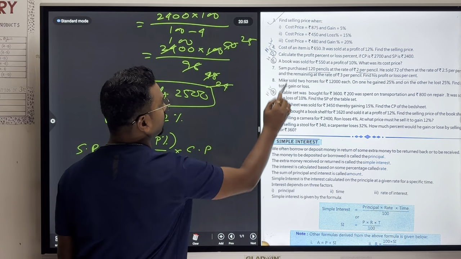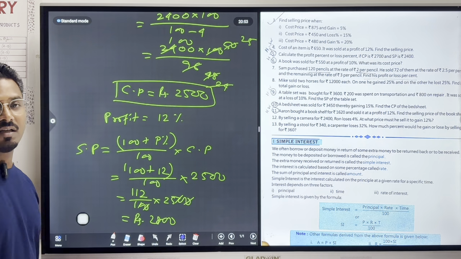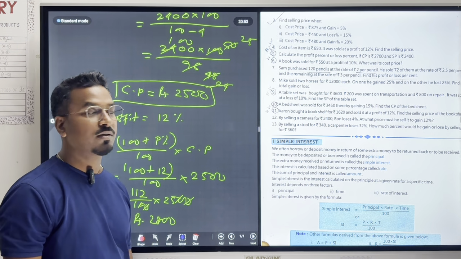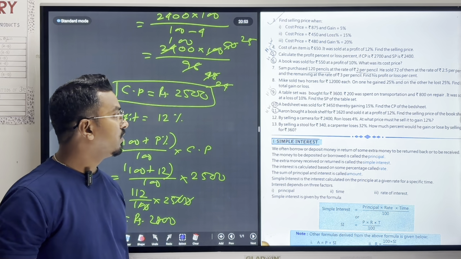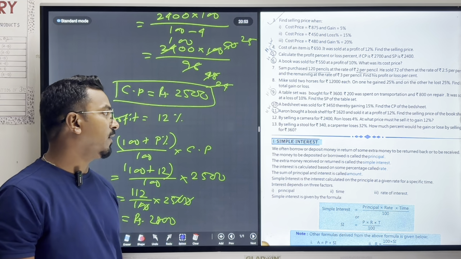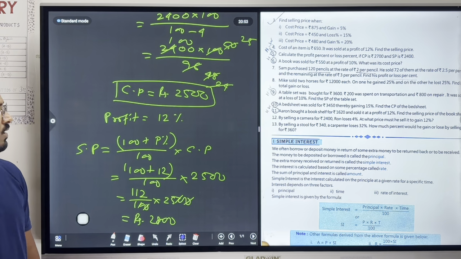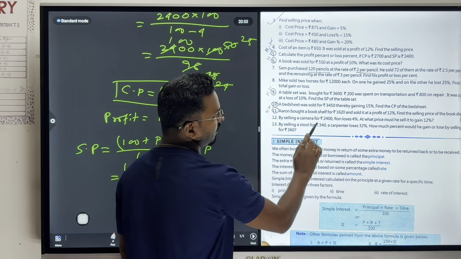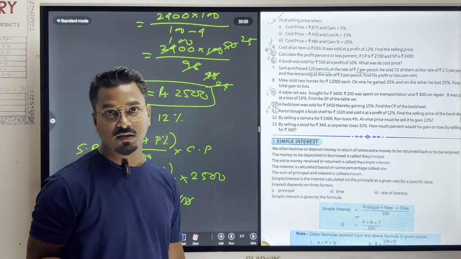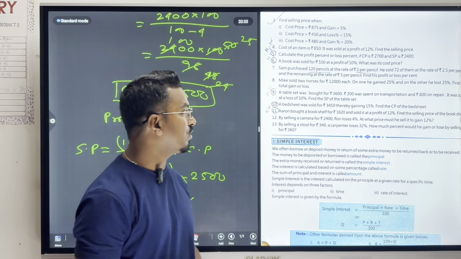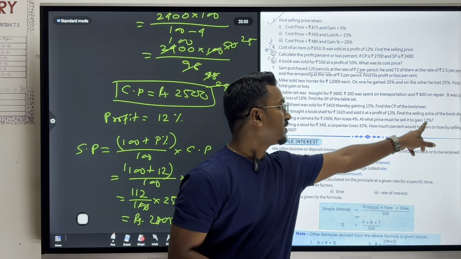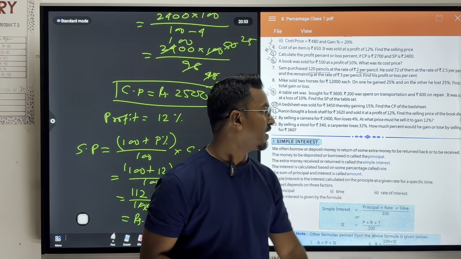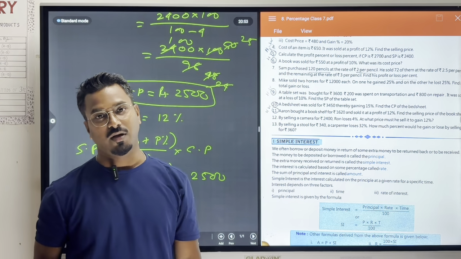If he sells at rupees 2800, he will gain a profit of 12%. Clear? In this case, the selling price and loss are given, so first we find the cost price and then apply it in the next case, where the cost price is given and you find the selling price.